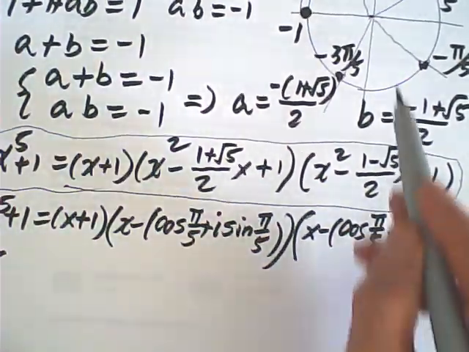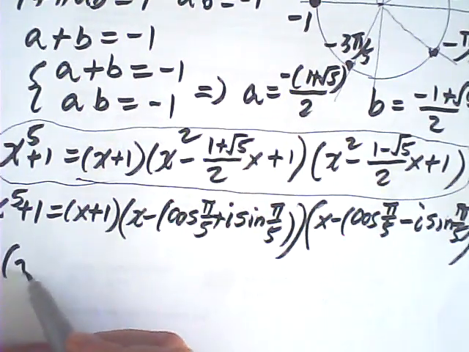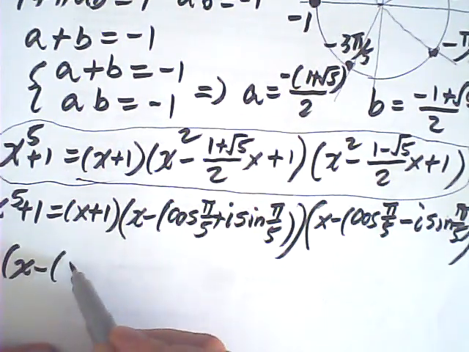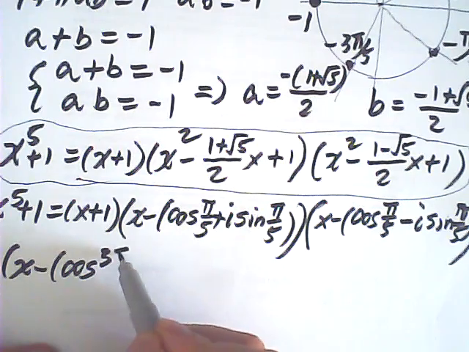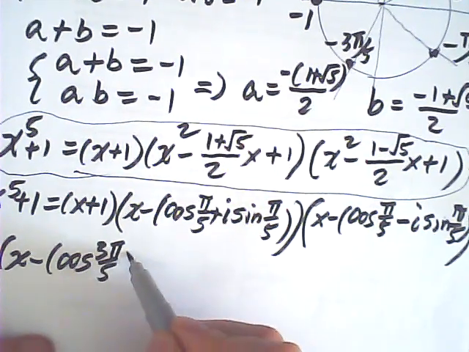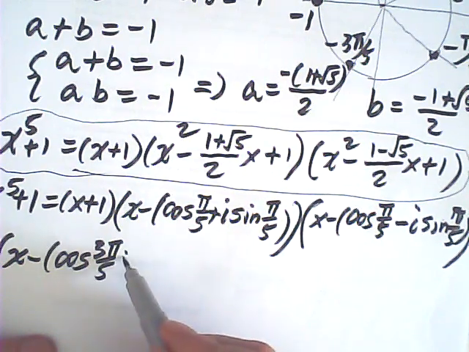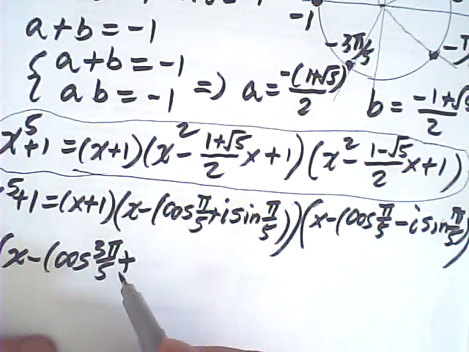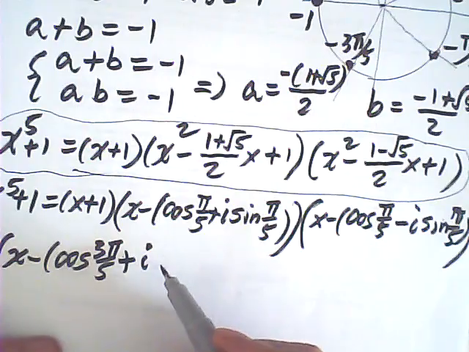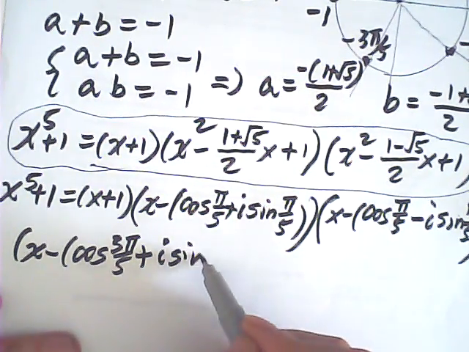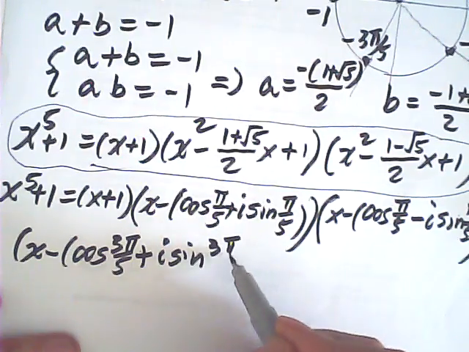Then for that one it is x minus cosine 3 pi over 5 plus i sine 3 pi over 5.